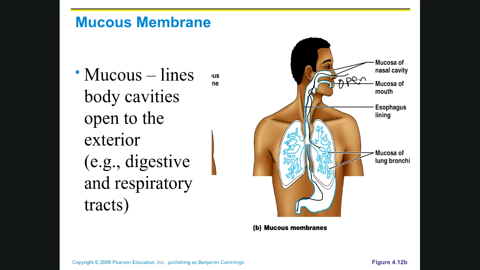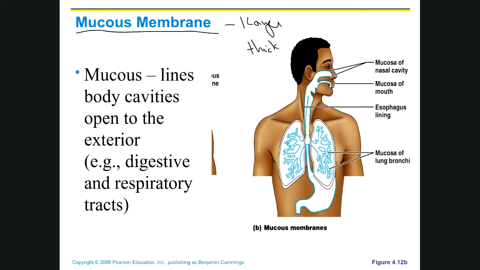Well, they also have membranes. Remember, our other membranes were called serous membranes, and they had 2 layers. Well, these are called mucous membranes, and mucous membranes only have 1 layer. It's a thick layer, but they only have 1 layer.